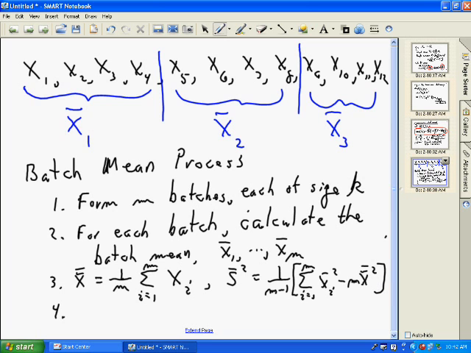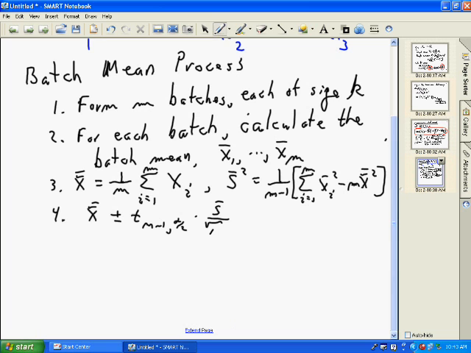So now our confidence interval is X bar bar plus or minus T with M minus 1 degrees of freedom times S bar divided by the square root of M.